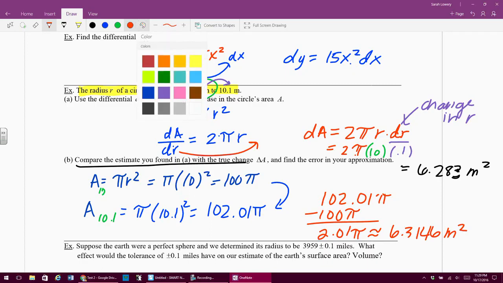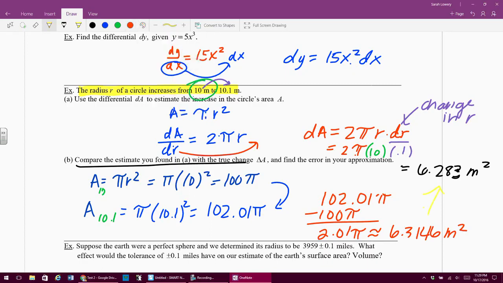Well, interestingly enough, these aren't exact, but they're pretty darn close. And that's what Leibniz discovered. He discovered that I could find changes in area, changes in volume using this idea of a differential, okay? Now, it's not exact, but it sure works as an estimate.